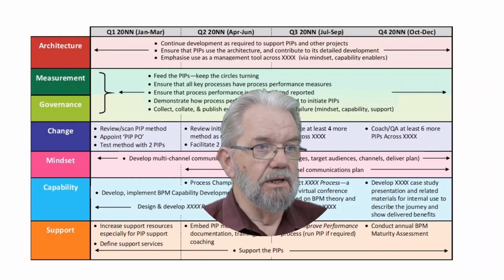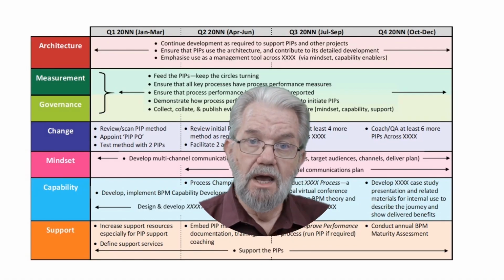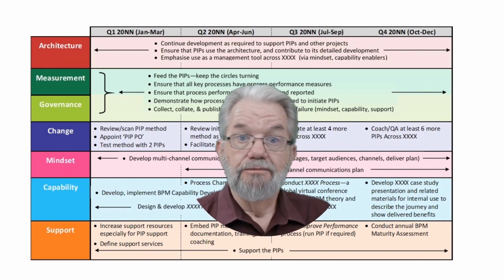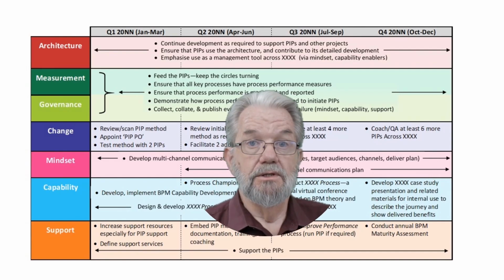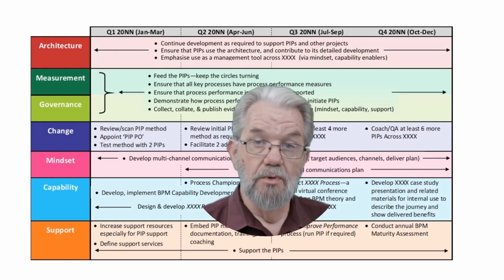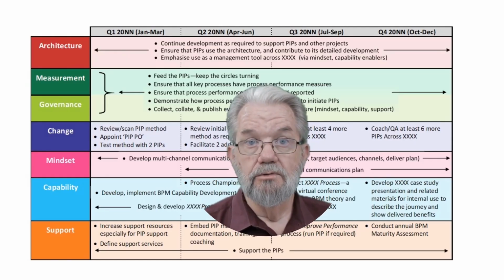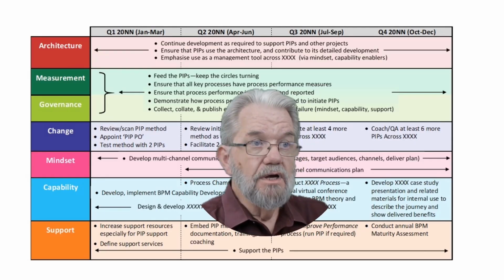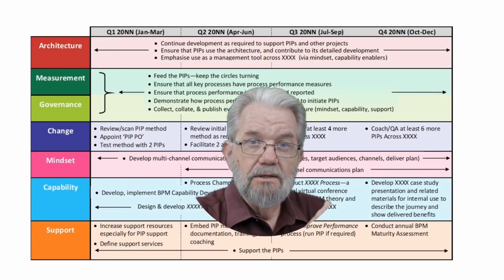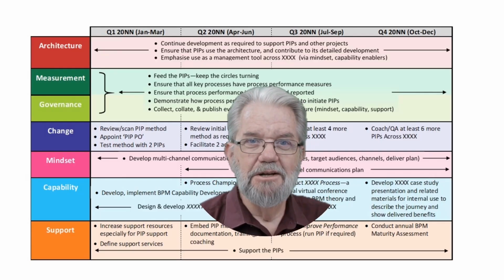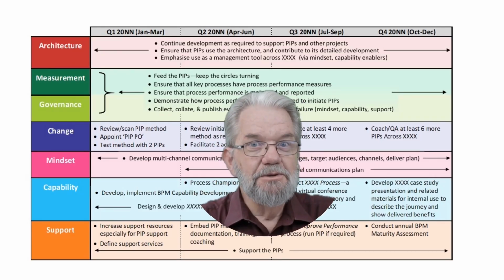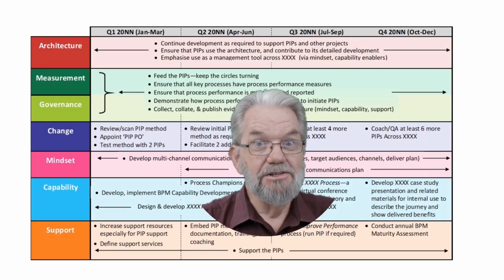Now we can build something like this. We can take each of those maturity gaps for each of the 7 enablers and recast that as a series of initiatives, projects, big and small, to achieve that change over the 12-month period. So now we've gone from some vague, abstract idea that we'd like to get better at process-based management. We've made it a little better by putting some numbers on it, not just one number, but 7 numbers.